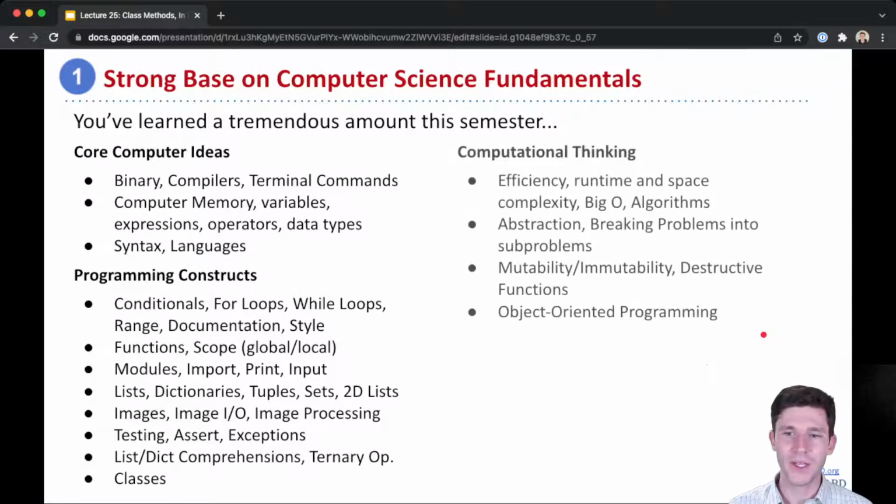But all along the way, we've also sprinkled in and been thinking about meta ideas. You might remember from the first or second lecture where I talked about the difference between a concept and a new word.